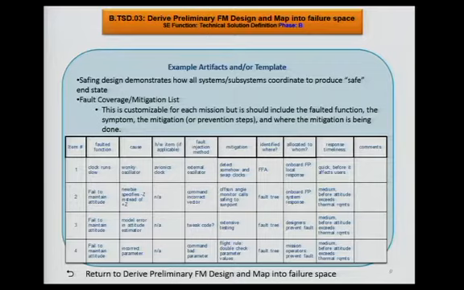Coming out of this particular task, you'd like to see perhaps a table that shows your fault coverage. So here are the different faults, and then the cause of the fault, how a fault might be injected using a fault injection method, and what your mitigation is. If you can lay that all out, that's the end product for that particular task.